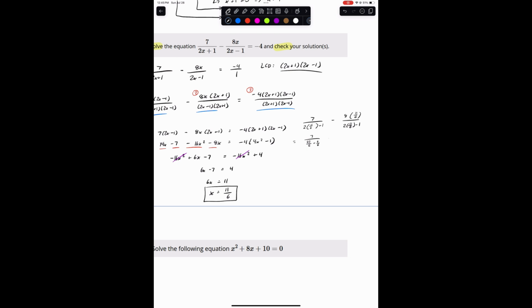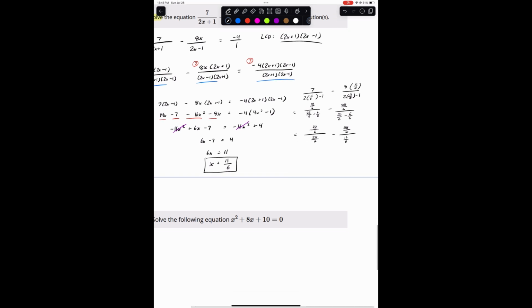Minus 88 over 6 over 22 over 6 minus 6 over 6. And for my sake, I'm going to write 42 over 6 over here. We get 42 over 6 over 28 over 6 minus 88 over 6 over 16 over 6.